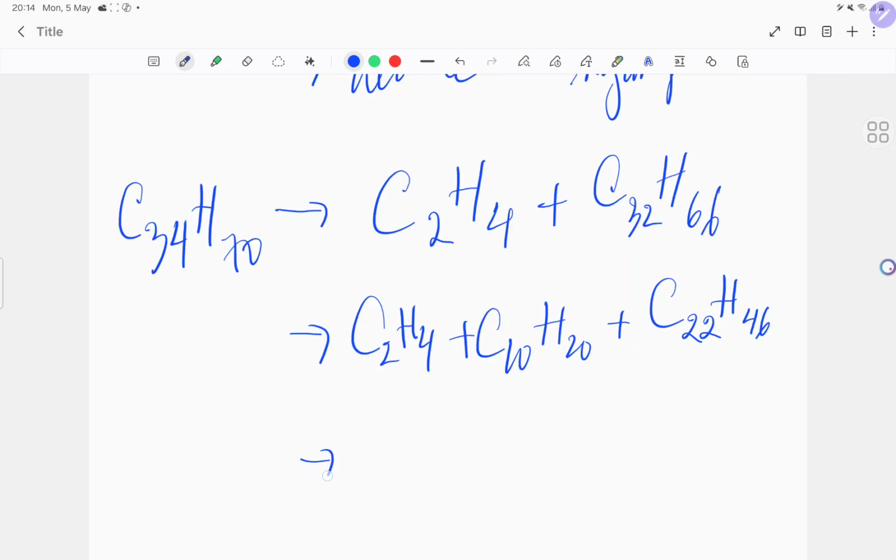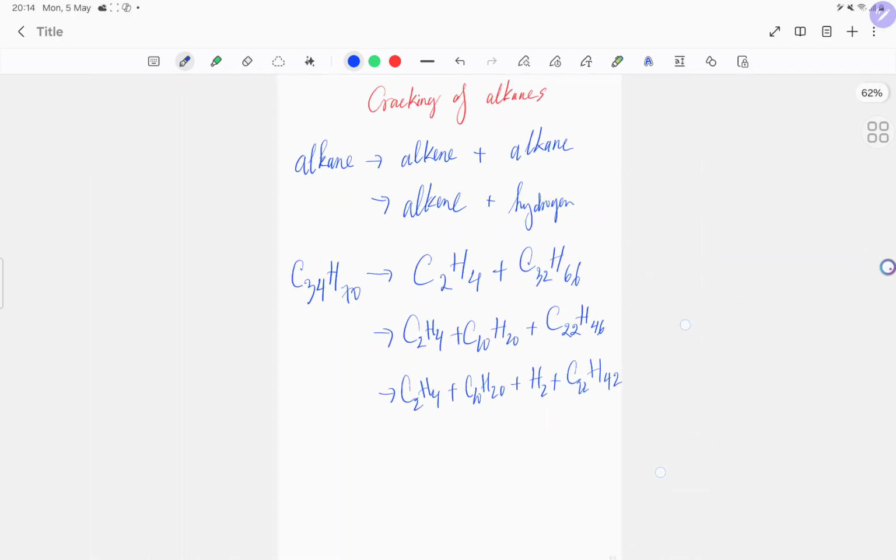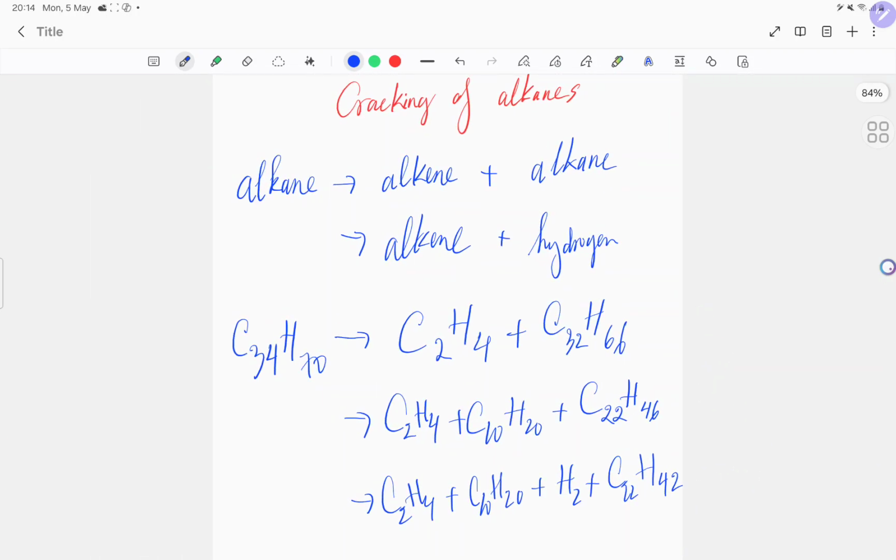It can also continue to be cracked to hydrogen and this one. So this process is continuous until all of the alkanes are used.